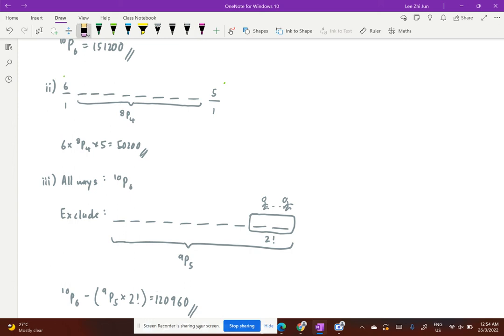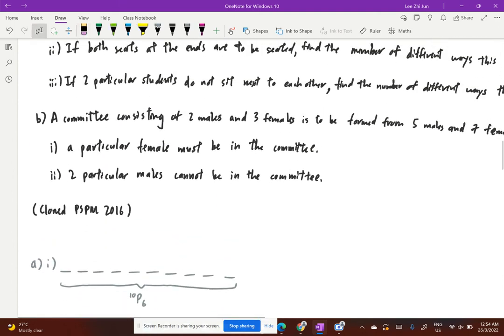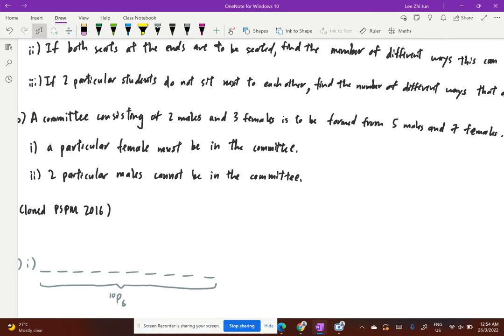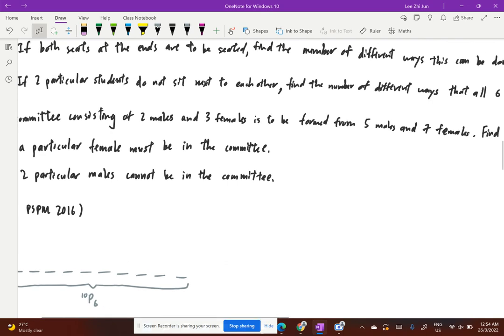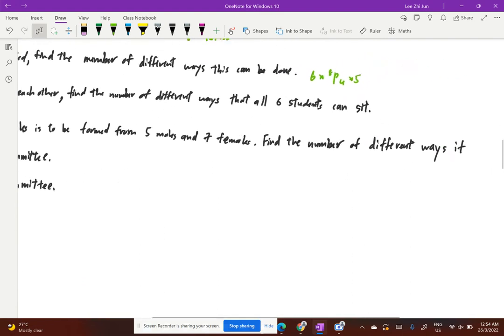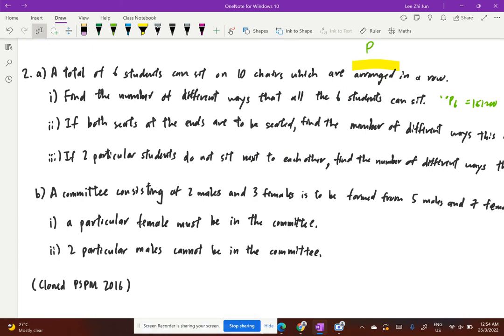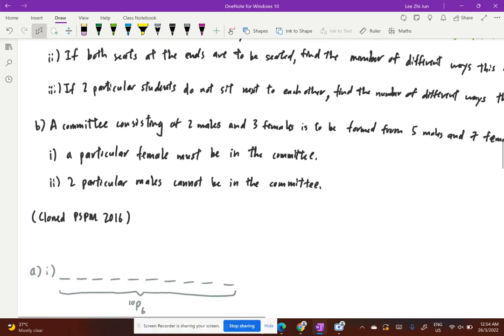Here's the answer. A committee consisting of two males and three females is to be formed from five males and seven females. Find the number of different ways if a particular female must be in the committee, or two particular males cannot be in the committee.